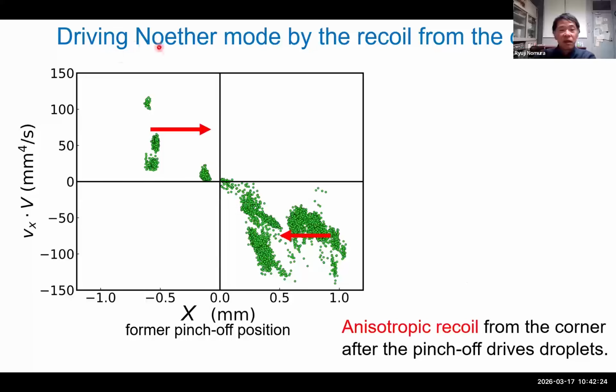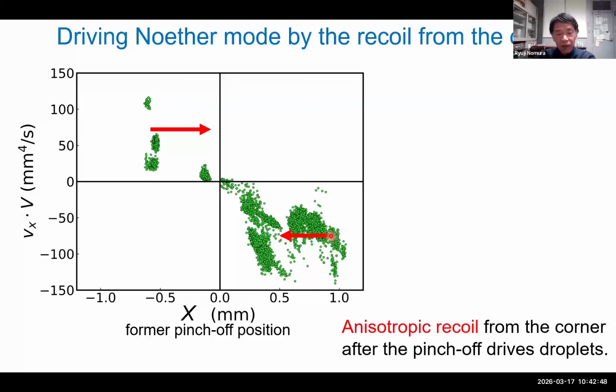And I'm interested in how the Nater mode was excited. Let me show this graph. This X is the former pinch-off position, and this vertical axis is the horizontal momentum. And this graph shows like this.